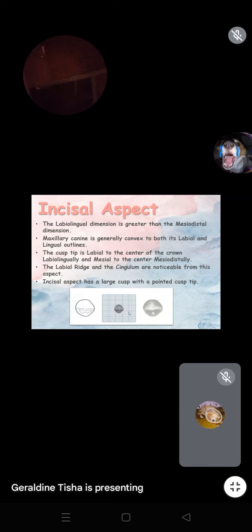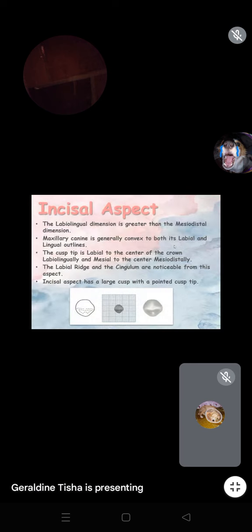The labiolingual dimension is greater than the mesial-distal dimension. This is the labio and the lingual. Then you can see the mesial-distal dimension. For the maxillary canine, which has the greater width?